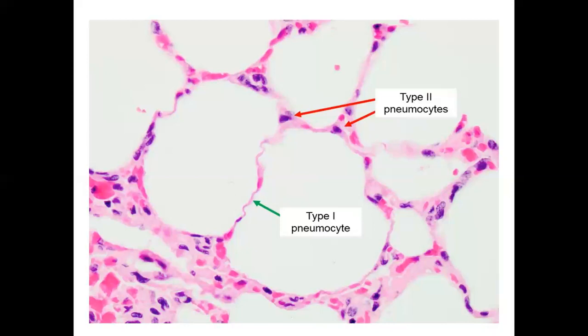So the two alveoli may communicate with each other through the alveolar pores of Kohn.